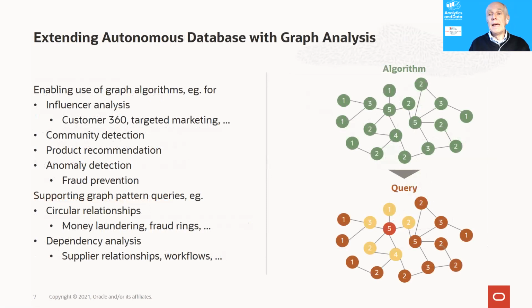Out in the real world, what do people do with this? Well, we've got a wide variety of use cases in the meantime. Quite a few of them are associated with customer 360 type of analysis or targeted marketing, where essentially you're not looking at the individual customer and his or her properties, but you're looking at how this customer is connected to another customer, maybe through a purchase they did or through some other behavioral pattern.